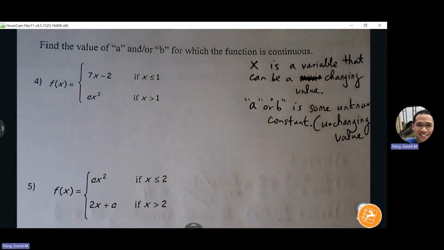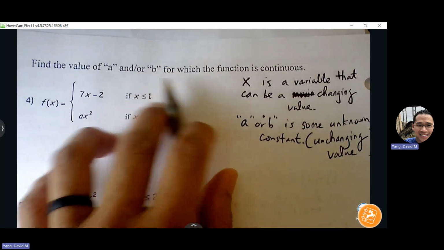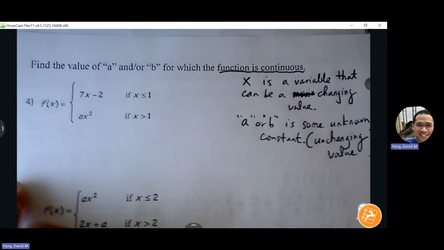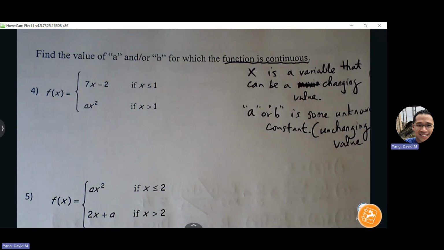Okay, so this feels more complicated, but the way that we're going to approach this is we're just going to walk through it, because if you look at the directions, it says find the value of A and B for which the function is continuous. So we know we're trying to force continuity out of the situation. We're trying to figure out the A value or B value so that everything lines up.